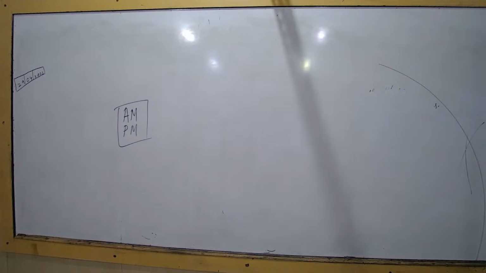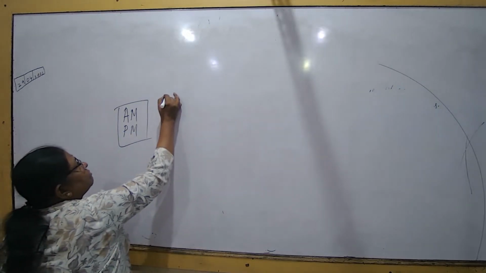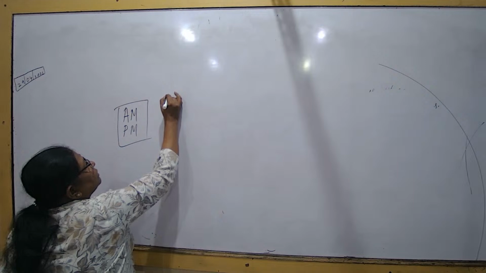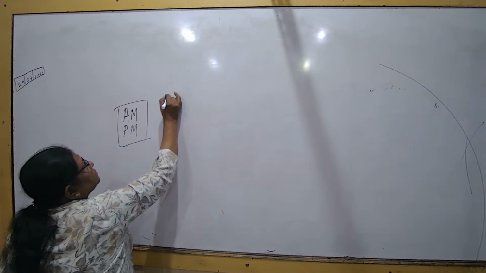Now, the prime meridian is numbered as 0 degree. The others are numbered between 0 to 180 east or west. The 180 degree east and west refer to the same meridian. Understood? See, where this one is 180 and then 0, then 180 east.